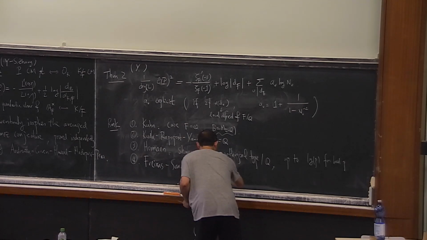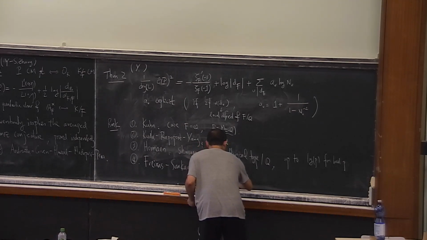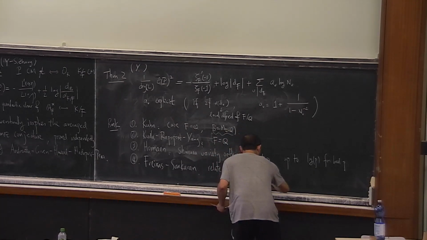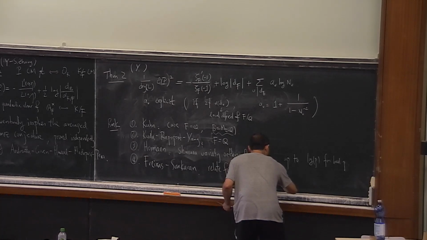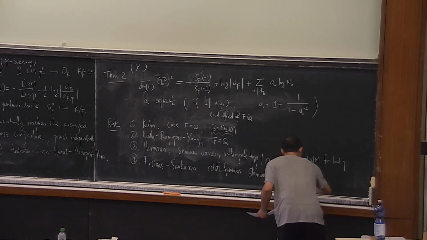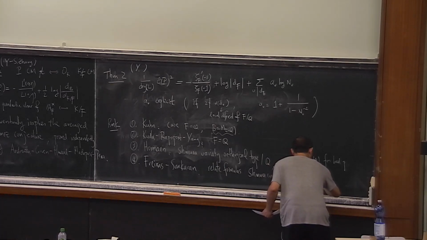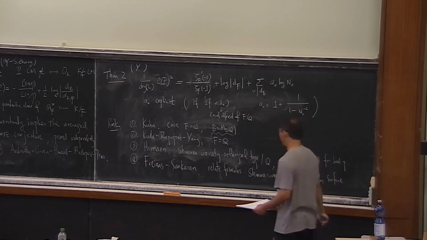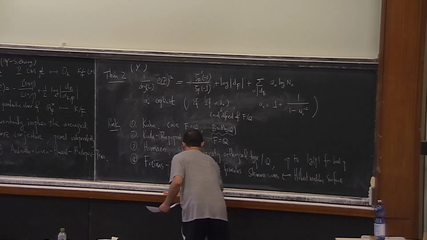It relates the formula on Shimura curves and Hilbert modular surfaces, for F quadratic.